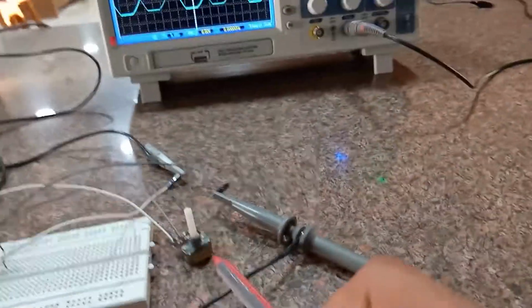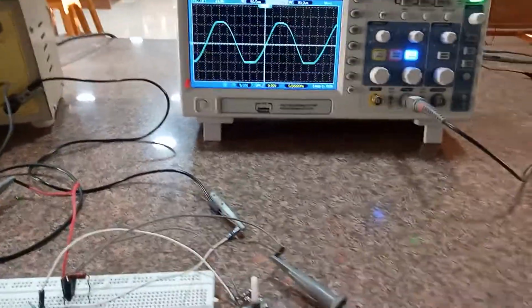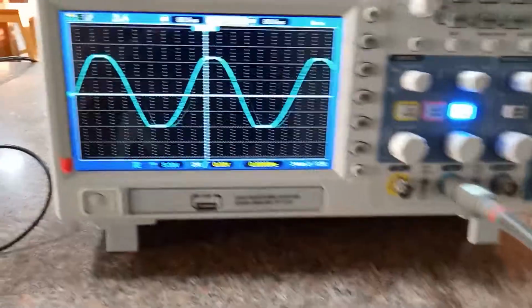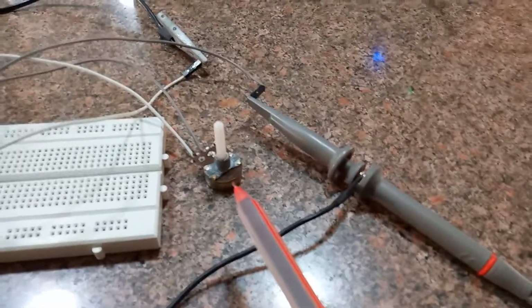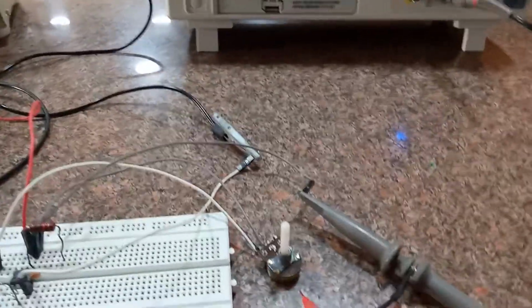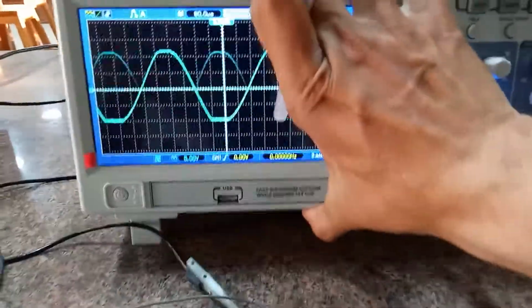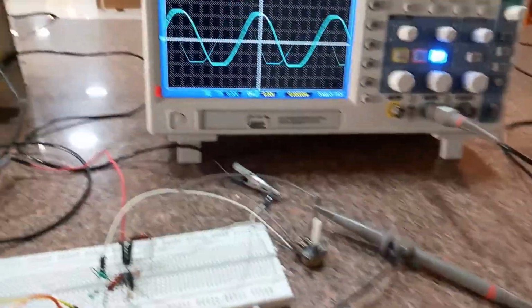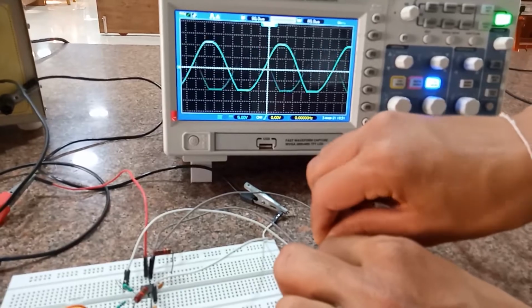These wires are known as jumper wires. And I have connected the potentiometer also. As you know, the potentiometer is used to change the gain of an amplifier. With the change in the gain of an amplifier, we will be able to see a very good waveform.